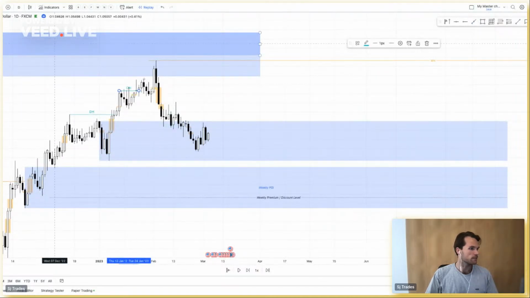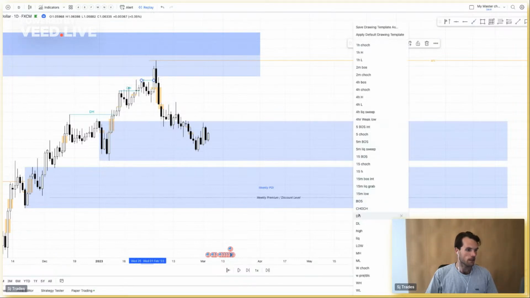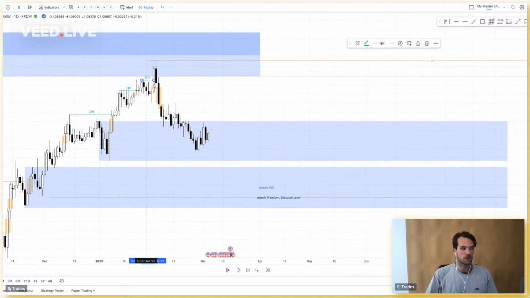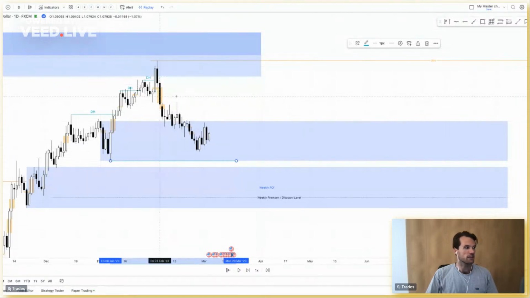Daily high. But I would count this as one move here. So this isn't really, this is the whole daily leg. Now in the interim, this would look more like probably 4-hour structure in there.